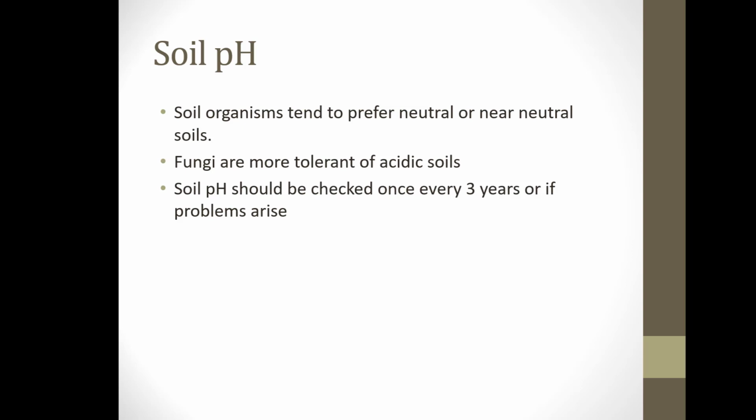Soil organisms tend to prefer neutral or near neutral soils, though fungi are more tolerant of acidic soils. The thing to note is that the more diversity you have in the soil, the healthier it will be. But soil pH should be checked once every 3 years, or if you see problems arise.